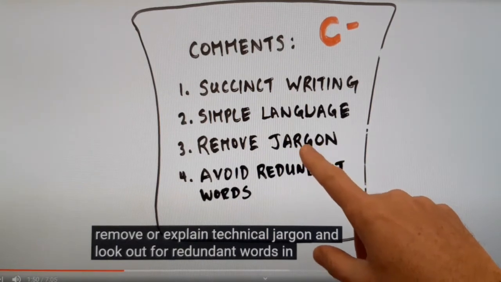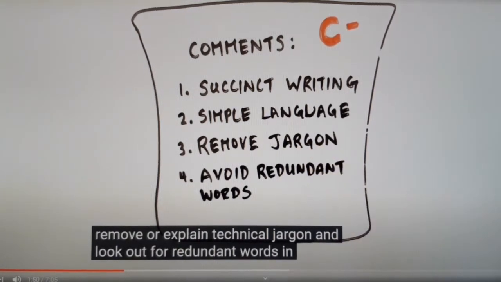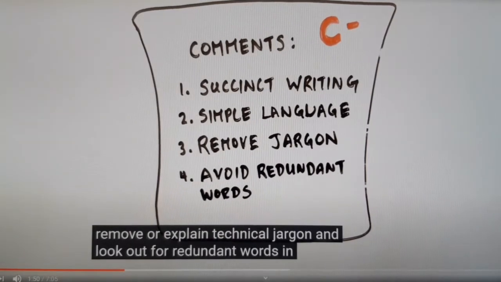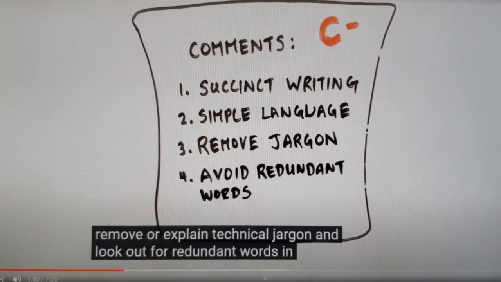And as well as jargon, okay? Unless your paper is written for a specific journal where the readers are only going to be people from your field of study, then of course you can leave the jargon because they're going to know exactly what you're talking about.